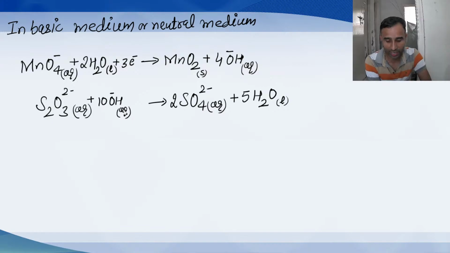So total negative charge on the left side is 12 negative. On the right side, 4 negative. That means we have to add how many electrons? 12 negative and 4 negative. So we have to add 8 negative charges, means 8 electrons.